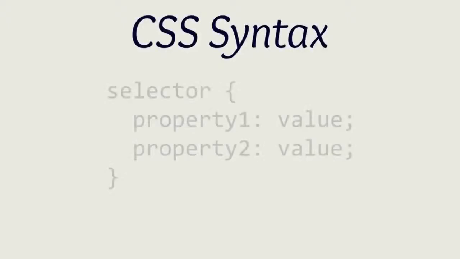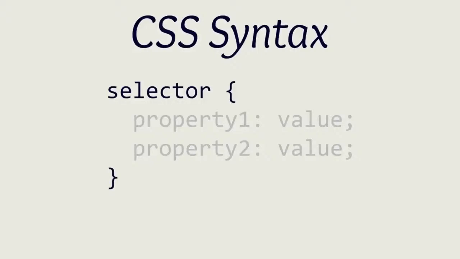Now that we understand what CSS is, let's dive into the details of how to use CSS. First, we need to discuss the syntax of CSS. Luckily, the syntax is straightforward and easy to understand. The first part of the syntax is the selector. There are many different types and combinations of selectors, which we'll talk about later, but for now, all you need to know is that a CSS style starts with a selector to apply the style to. Next comes an opening and closing curly bracket that are used to denote the start and end of the styles that apply to the selector.